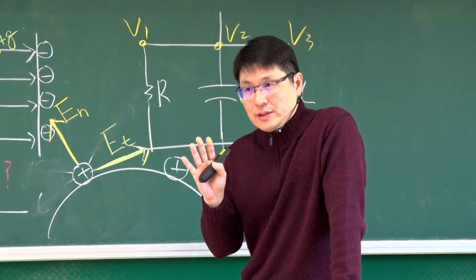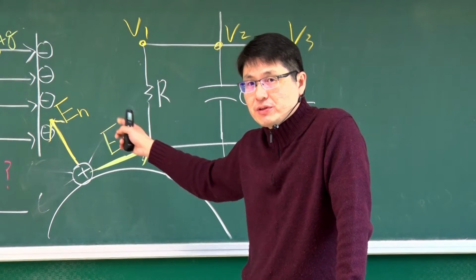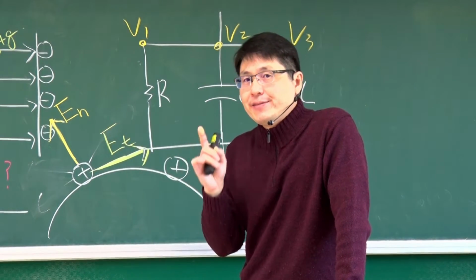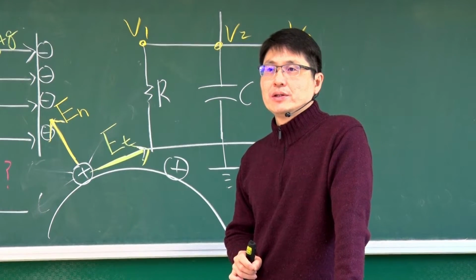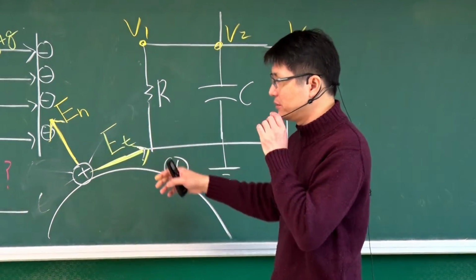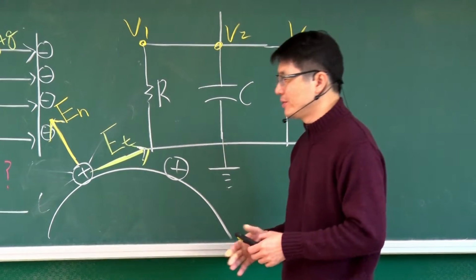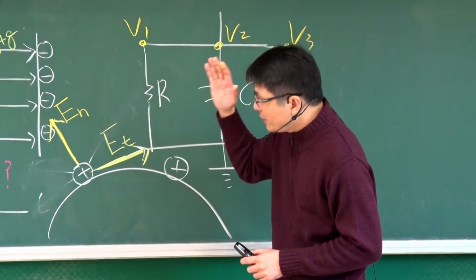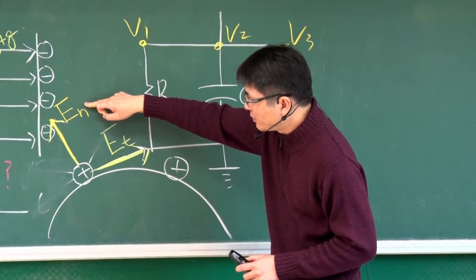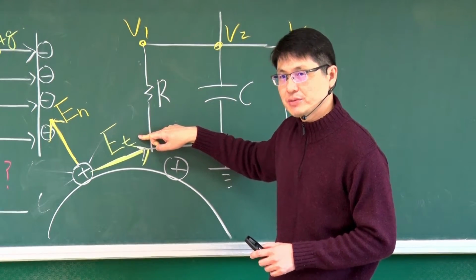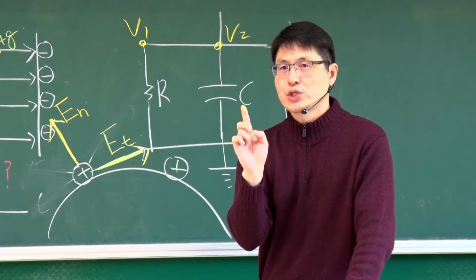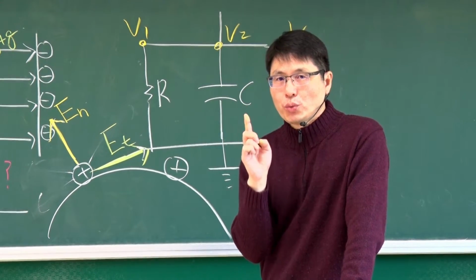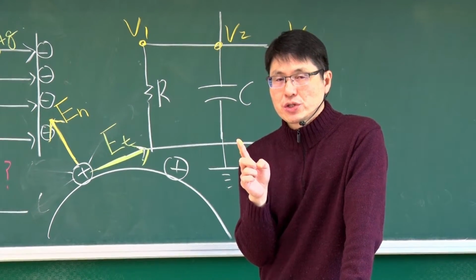Which one of the two field lines cannot be there? You can only have one. This is tricky. You can only have the normal component or the tangential component. If you were forced to choose one, which one would you choose to survive?